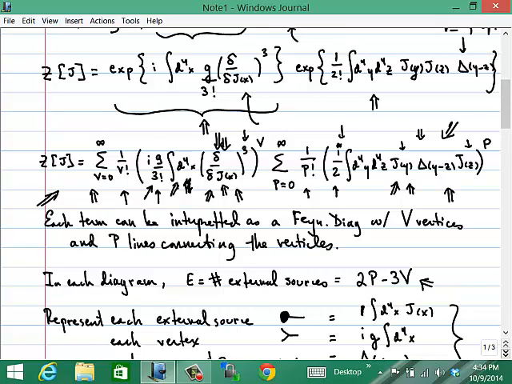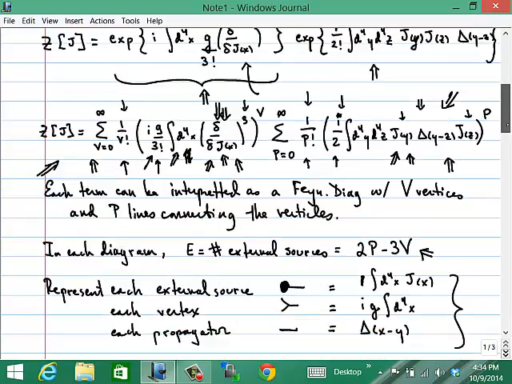Finally, you could also imagine the rearrangements of the propagators and the vertices themselves. Okay. So if you have a given contribution to this sum, where you have a bunch of vertices that are connected together to a bunch of propagators in a different way, there are v factorial ways of rearranging v vertices, which cancels that factor here, and p factorial ways of rearranging the p propagators, which cancels the p factorial right here.